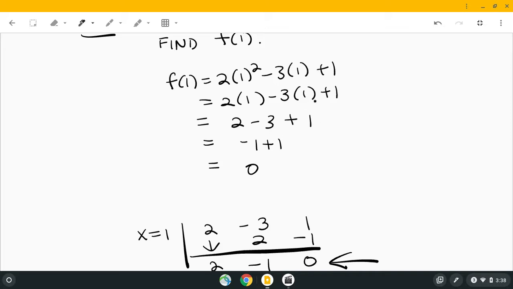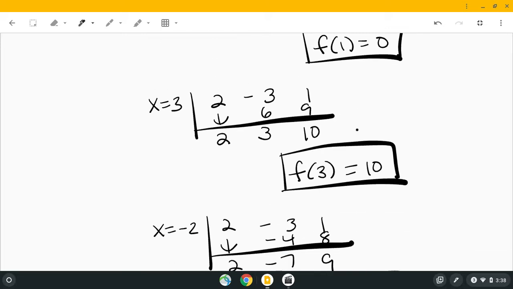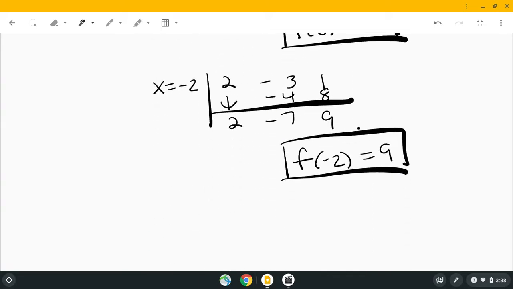But oftentimes, students will do it the old way on the test, and I have to mark them incorrect because I explicitly say use the remainder theorem to evaluate f of 1. But I don't get to see your work on the test, so that's okay. All right.